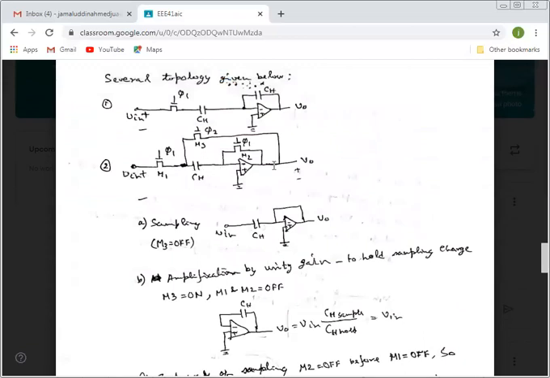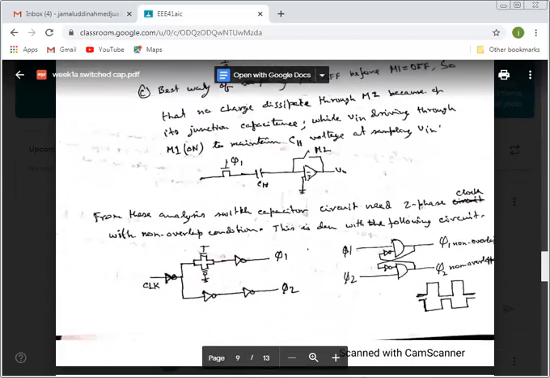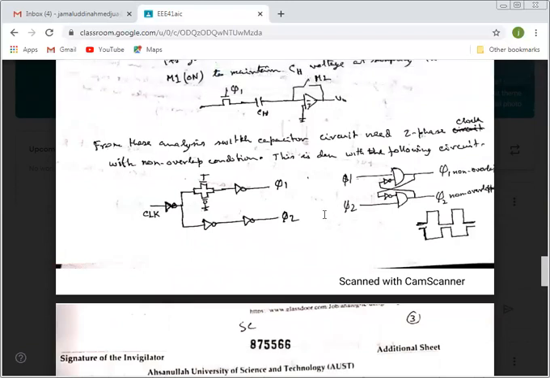It doesn't go to the V out. But when it goes to the integration mode, it will move to the V out. And this one I already discussed, how to generate a non-overlap two-phase clock from a single clock.